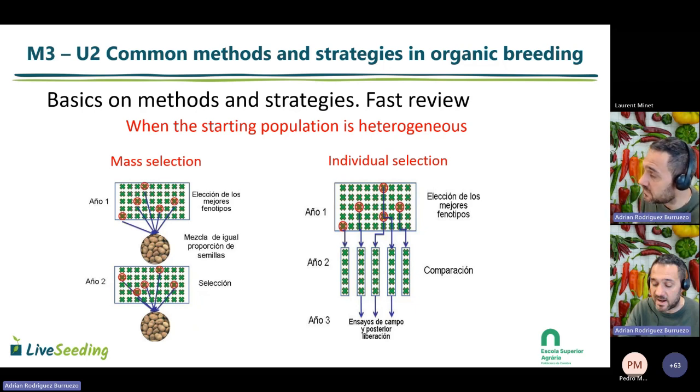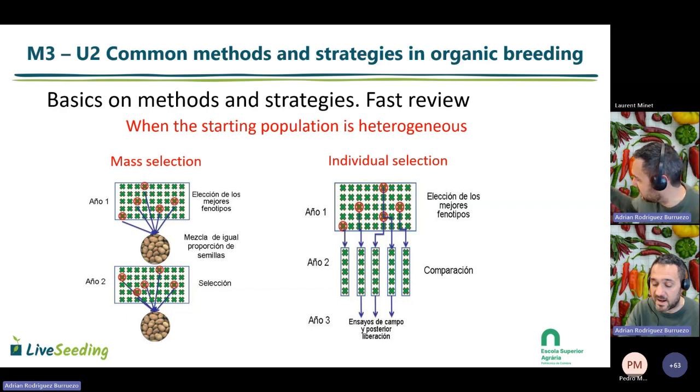They are both quite similar, but the details which differ are the following. In the case of mass selection, in the first year, imagine you have a plot, a field with 100, 200, 500 plants of your heterogeneous population. In such case, you go this first year and select the best individuals. I will select 5 or 10% of the best individuals.